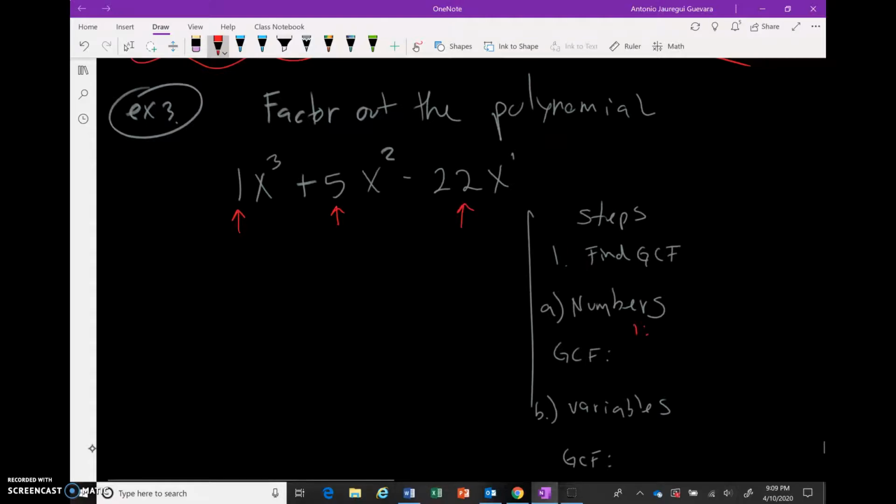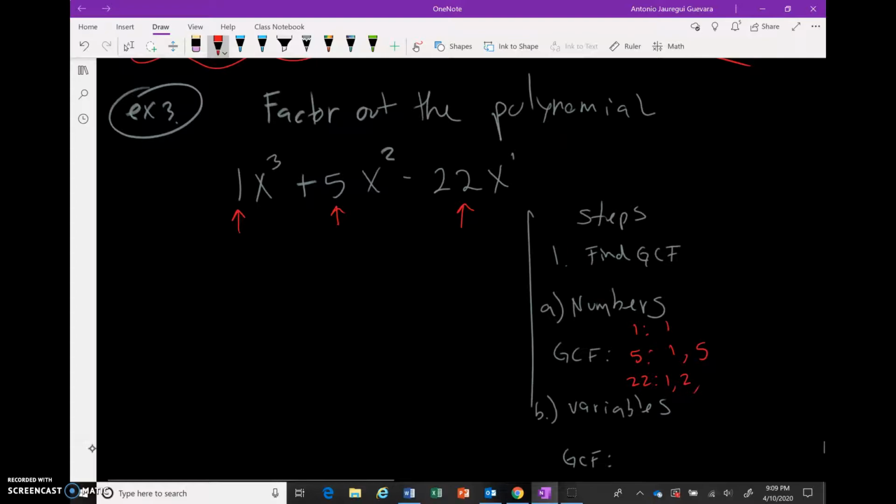Okay, so the factors for 1 is literally just 1. The factors for 5 would be literally just 1 and 5. Nothing else goes into 5. And the factors for 22 would be 1, 2. What else?